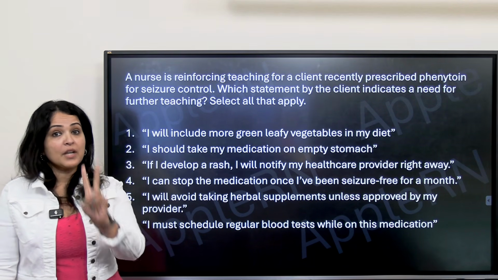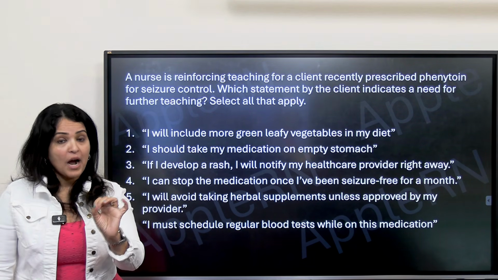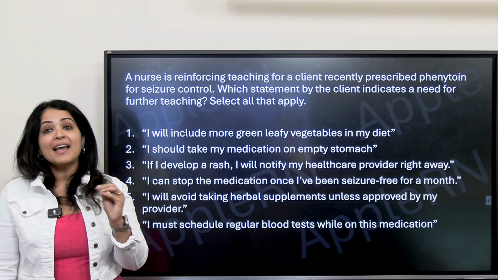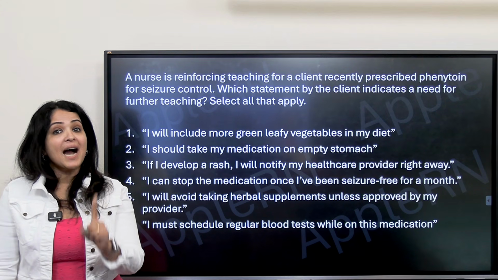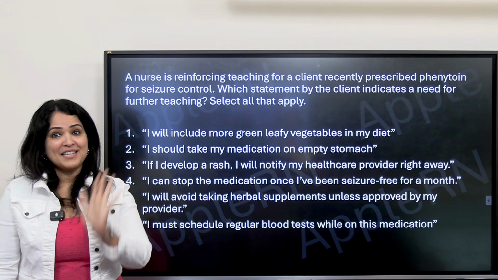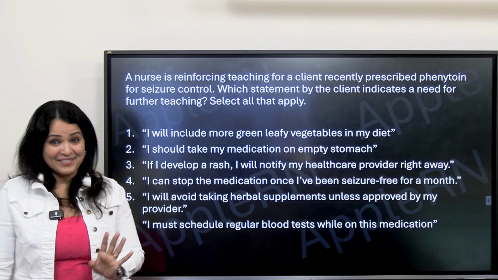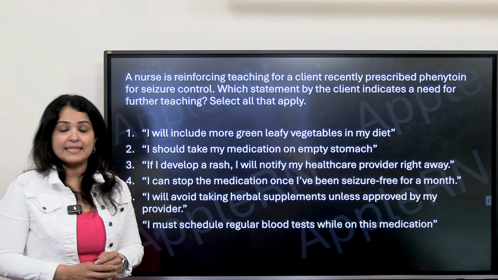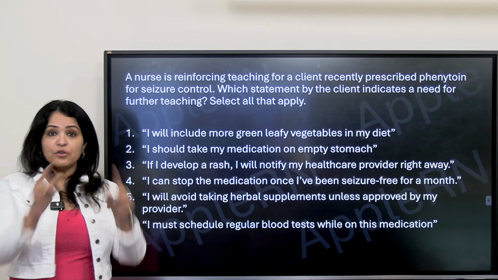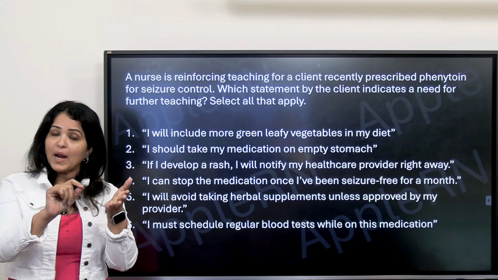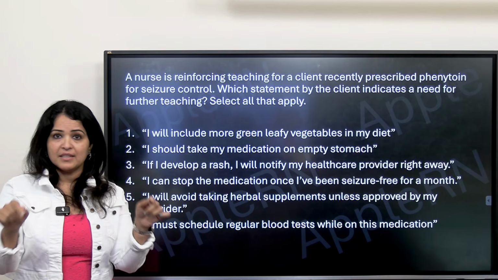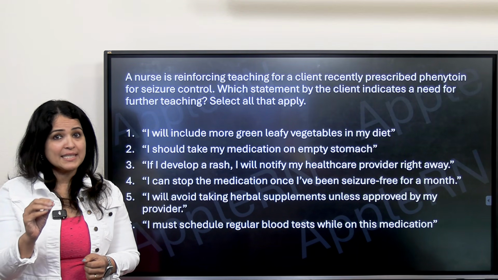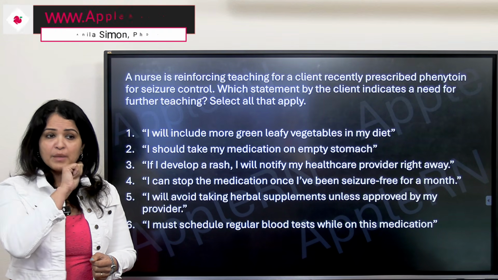Awesome. So, a couple of things to remember. It's about phenytoin, which is a seizure medicine, and it's about bad things, something which they should not be saying. That's what we are looking for. Whenever you're going for the exam, make sure you get a small whiteboard and a marker. Especially if it's a select all that apply question, write down there: am I looking for something bad or good?